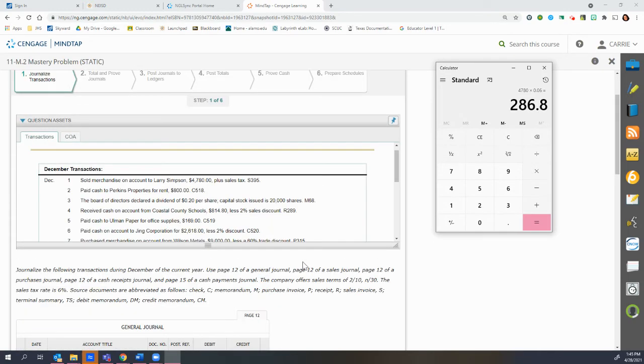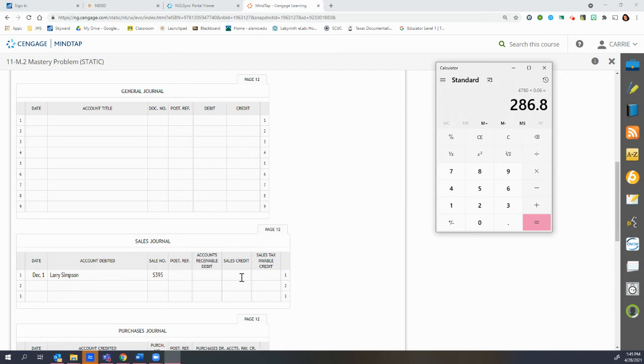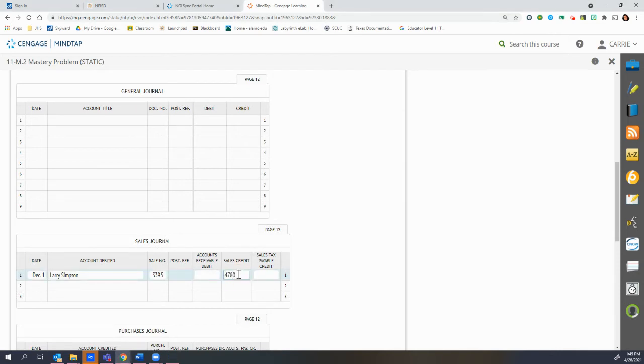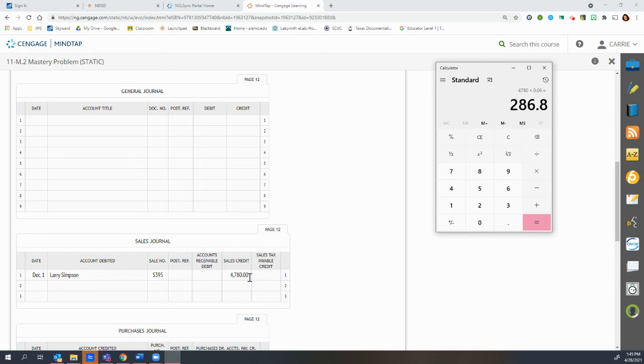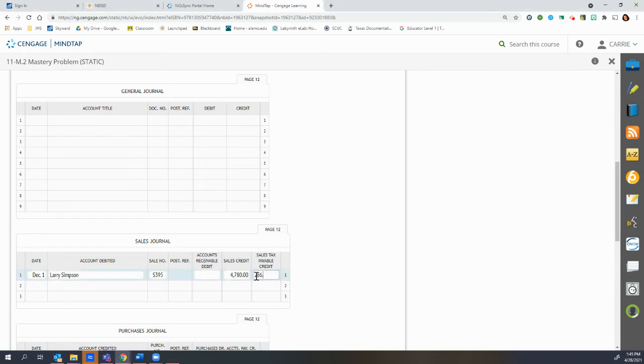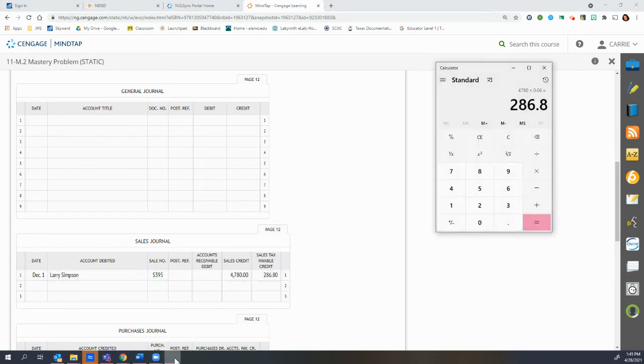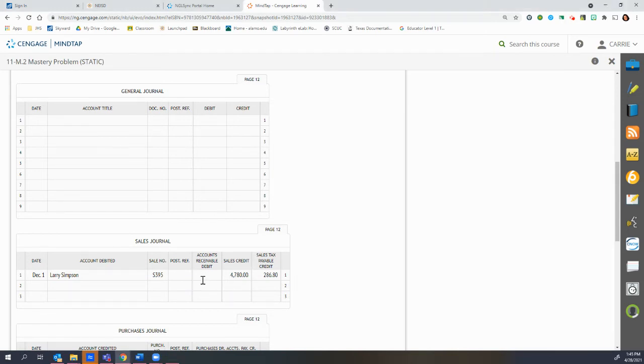Oops. 47.80. The sales credit is 47.80. The sales tax payable credit is 286.80. And then we need to add that together to get the accounts receivable. 506,680.